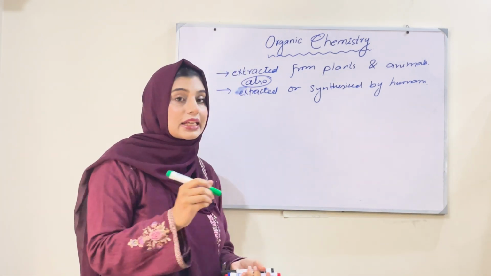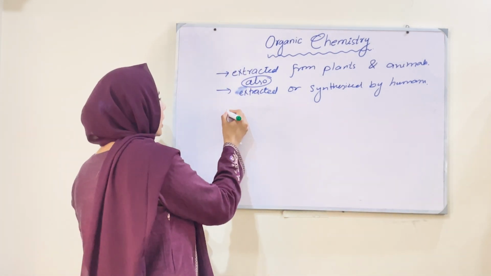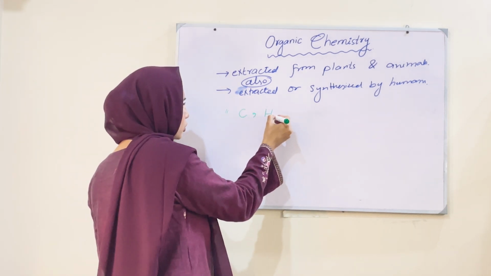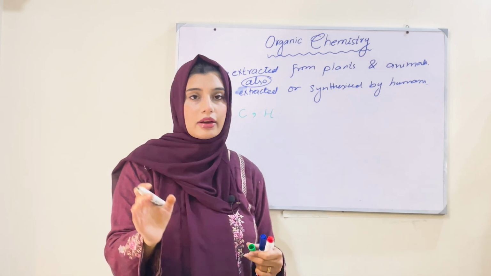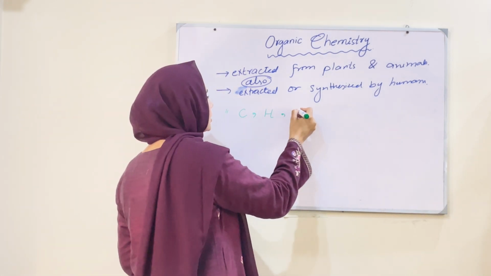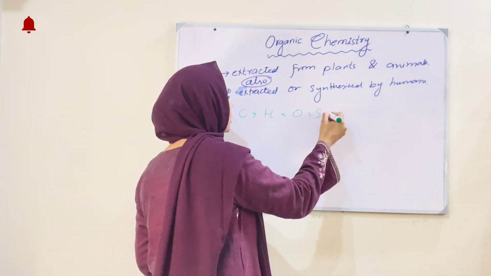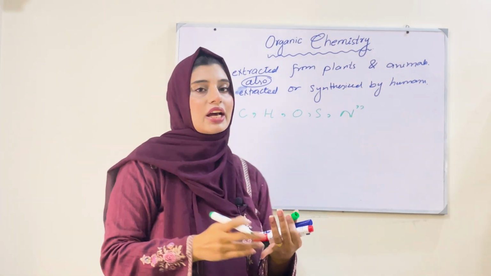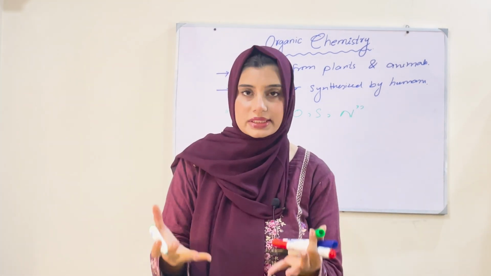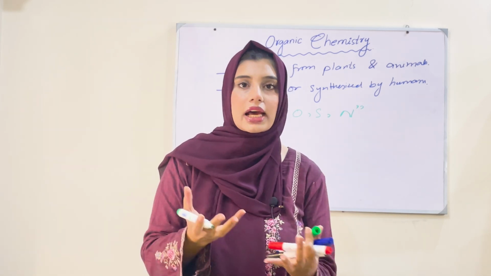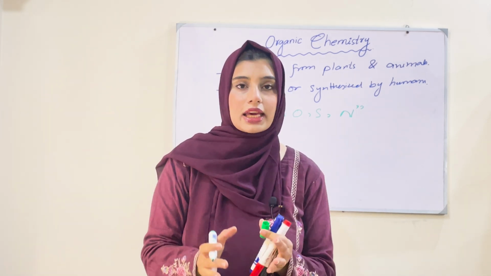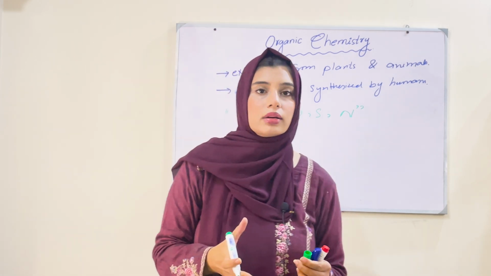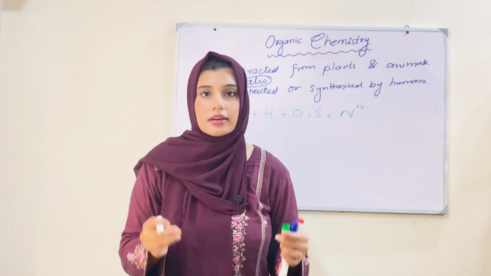Now the latest definition is that any compound which has carbon and hydrogen compulsorily, and then has oxygen, sulfur, and nitrogen, is known as an organic compound, and studying organic compounds is known as organic chemistry.